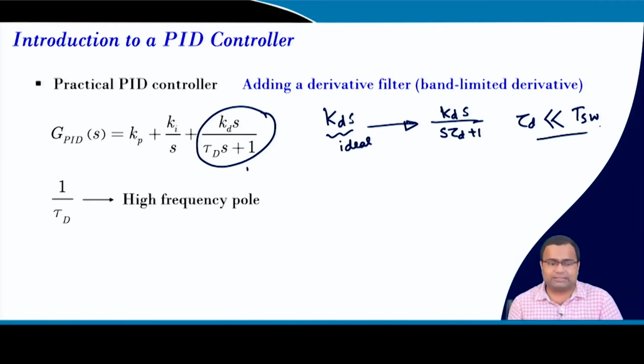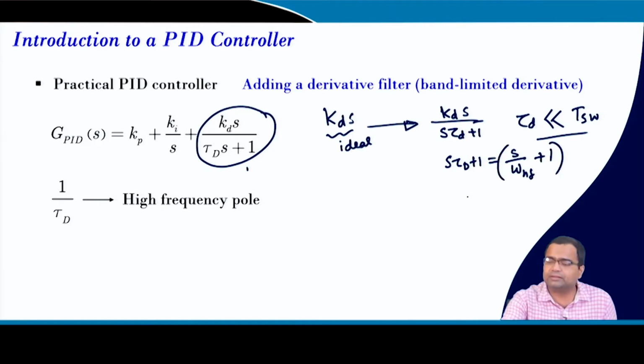That means there is a high frequency pole 1 by tau d, because we can write s tau d plus 1 in the structure s by a high frequency pole, plus 1. Here this high frequency pole is nothing but 1 by tau d.